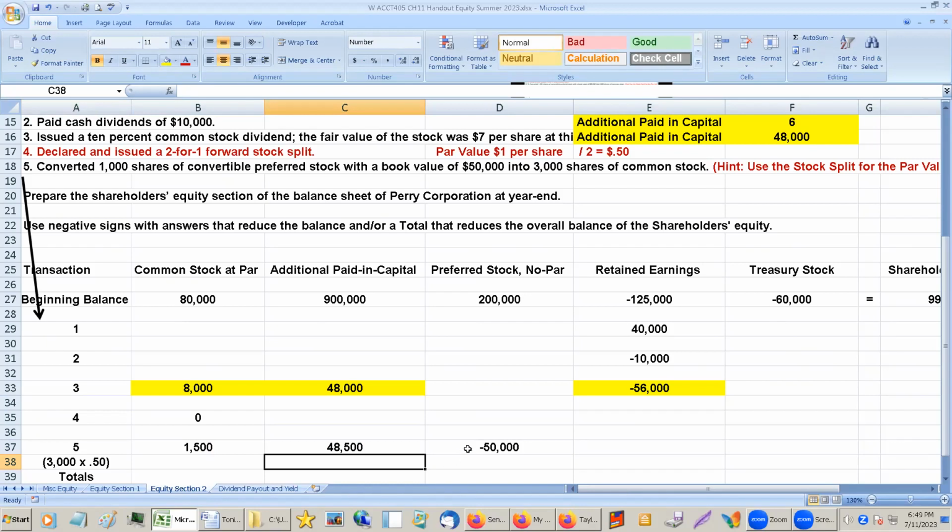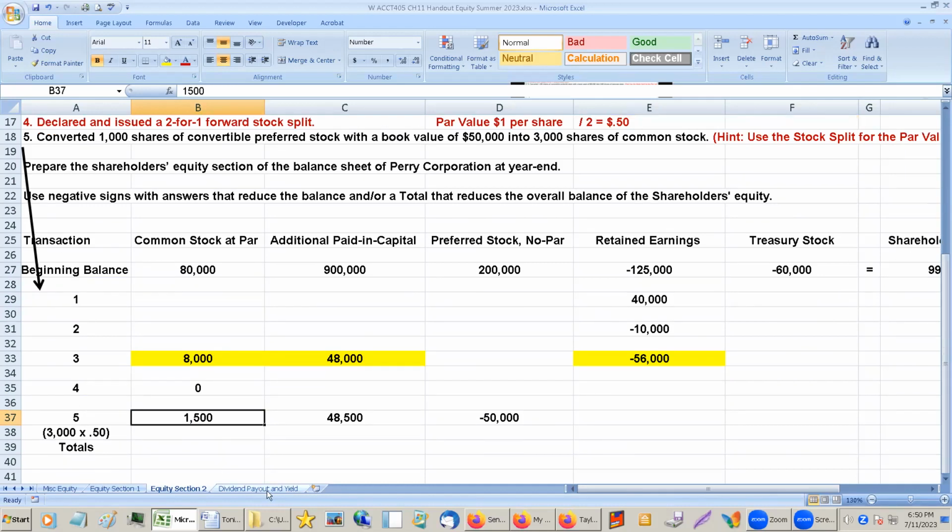So preferred stock went down by 50,000. Common stock. Oh, wait, I did this wrong too. Common stock, the number of shares. No, this is right. I was thinking this was the number of shares. These are the same as the number of shares, but only because it's one part, right? Okay, never mind.